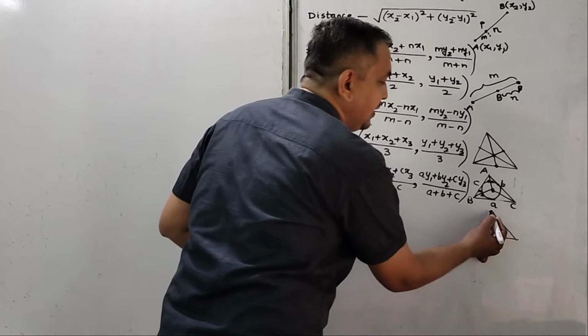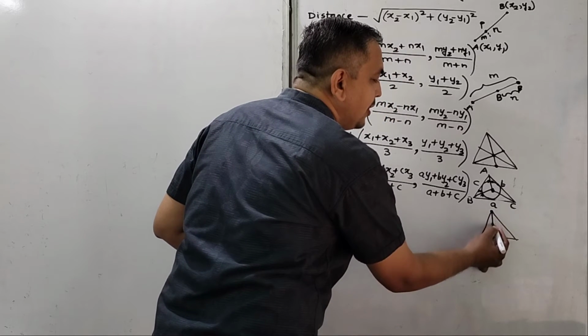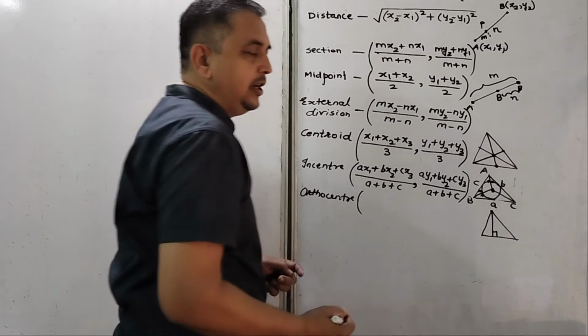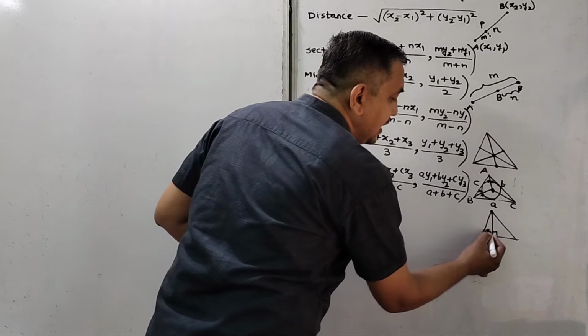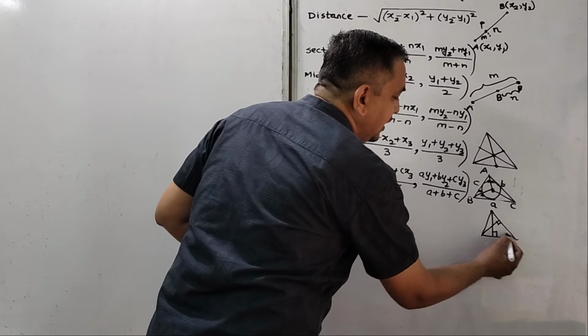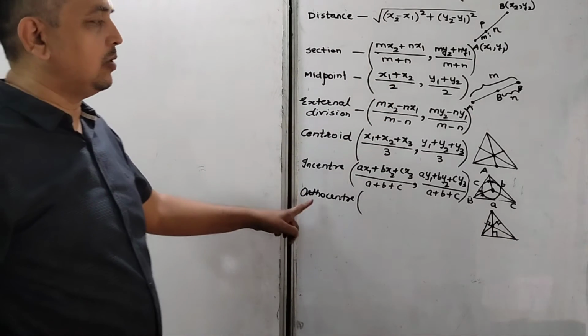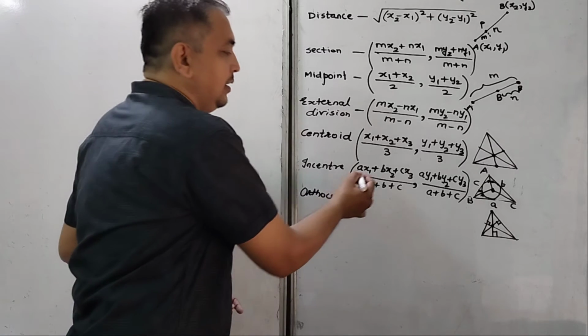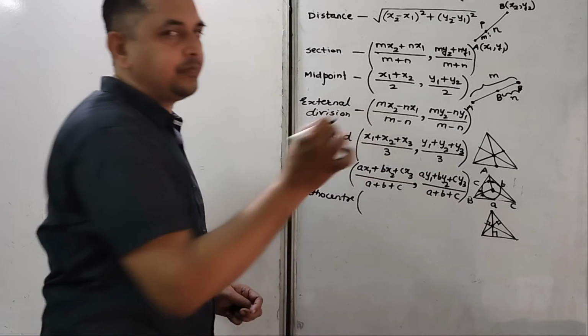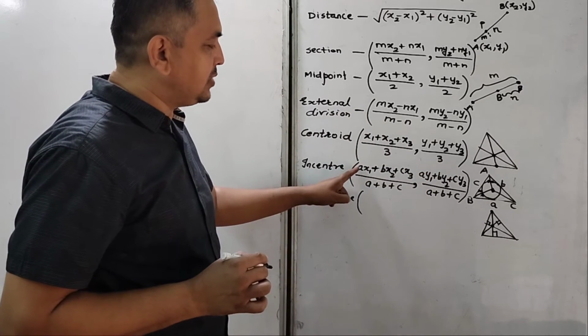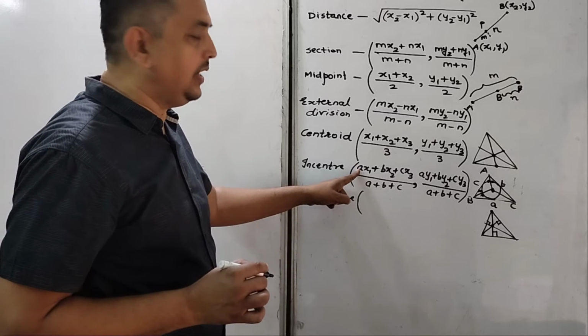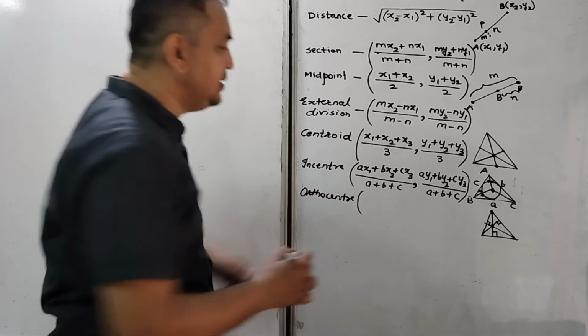Altitude is height, perpendicular drawn from vertex on the opposite side. This is altitude, this is another altitude and the third altitude. They all pass through one point, and this point is called orthocenter. It is similar to this, only changes in place of a, we write tan A. So very easy to remember.